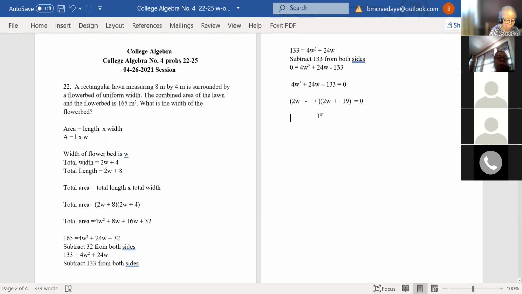And we can take 2W plus 19 and put that here, and that's equal to 0.